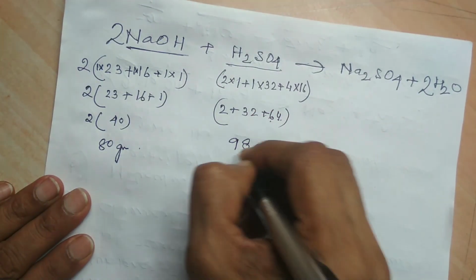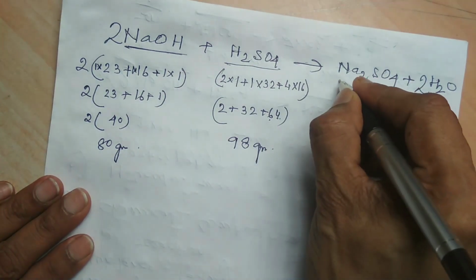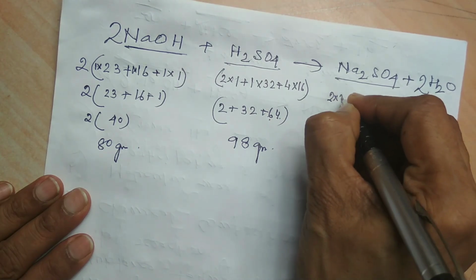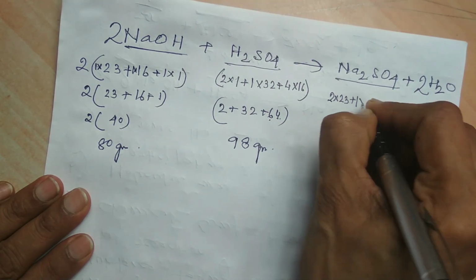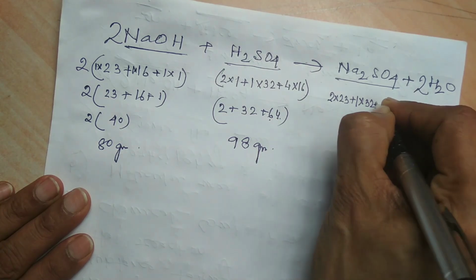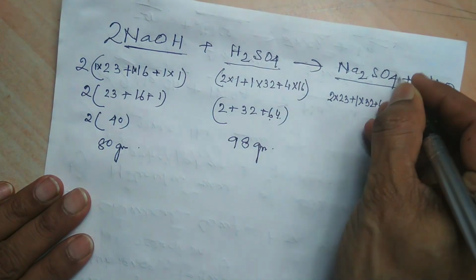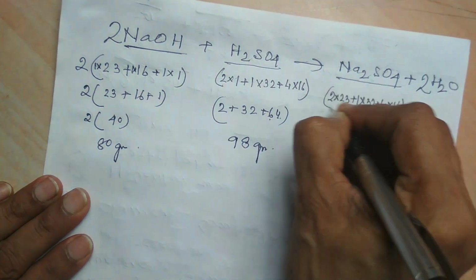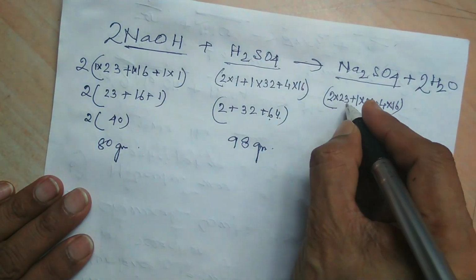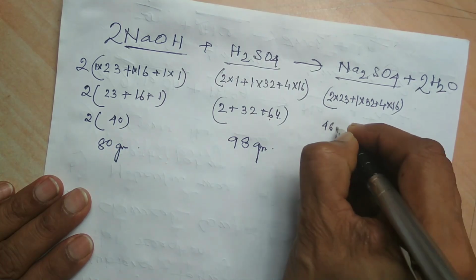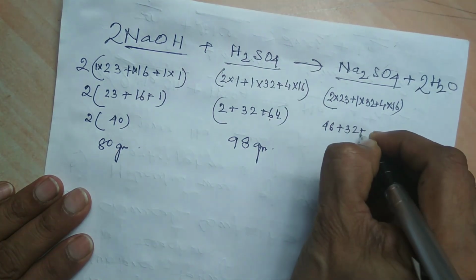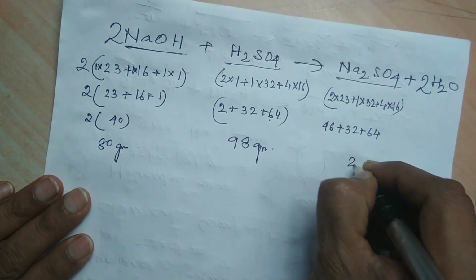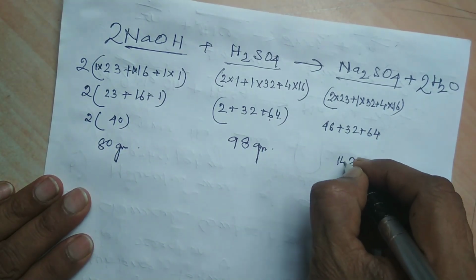Sodium sulfate, if you calculate, then 2 atoms of sodium is 2 into 23, plus 1 atom of sulfur means 1 into 32, plus 4 atoms of oxygen means 4 into 16. So the total mass of sodium sulfate is 46 plus 32 plus 64, which is equal to 142 gram.